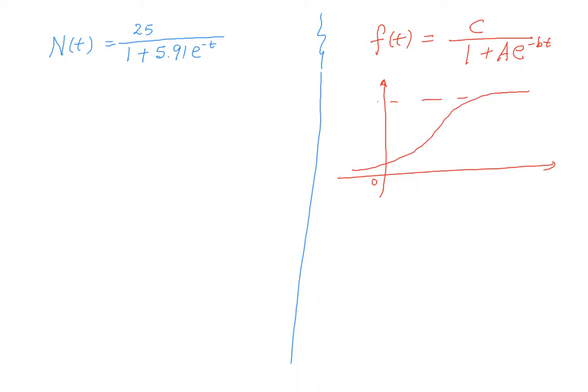There is a limiting value. How to prove the limiting value is C. And there is an inflection point, non-horizontal, increasing at the fastest rate. Do you write this one down in your notes?